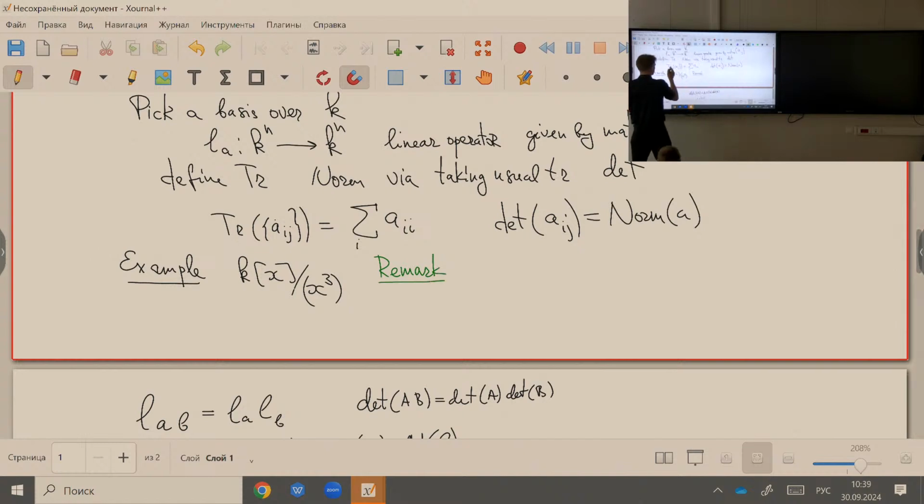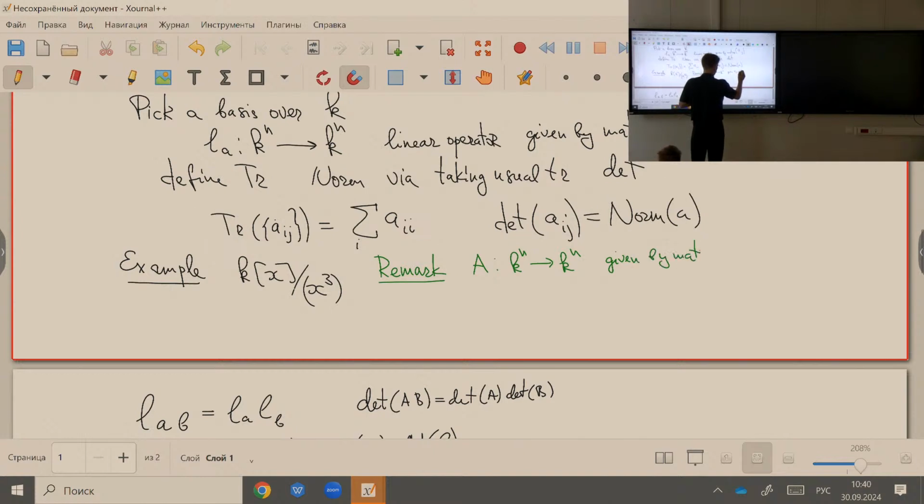So if you have an arbitrary linear operator given by a matrix, you can also take the tensor product with any field that extends K, for example an algebraically closed field.